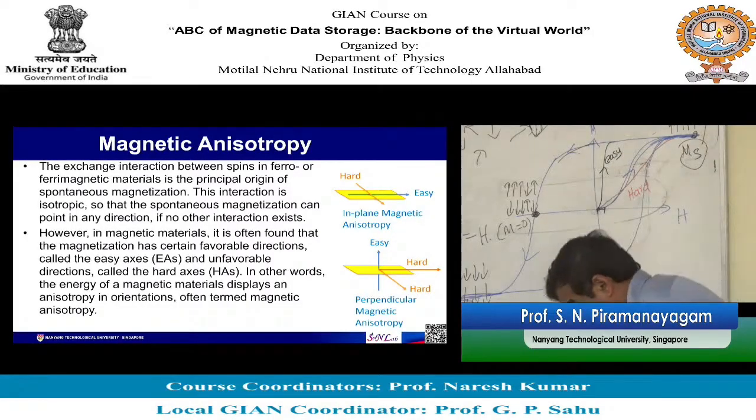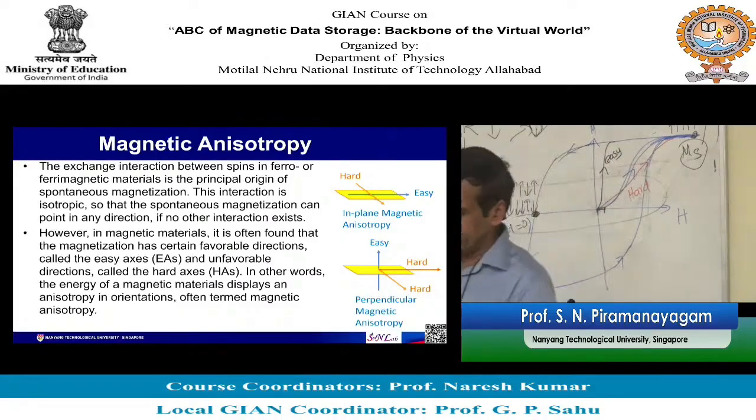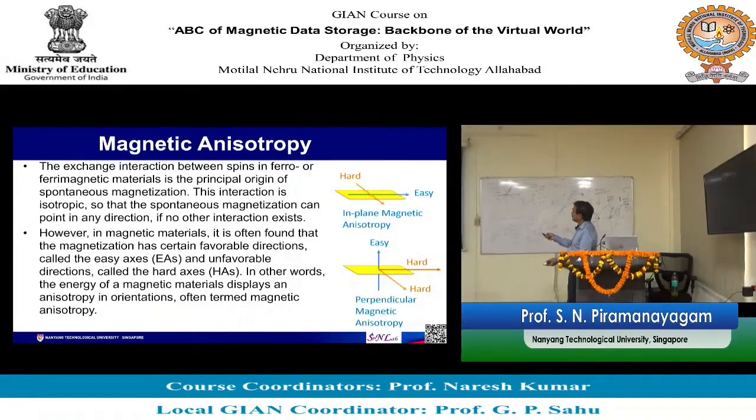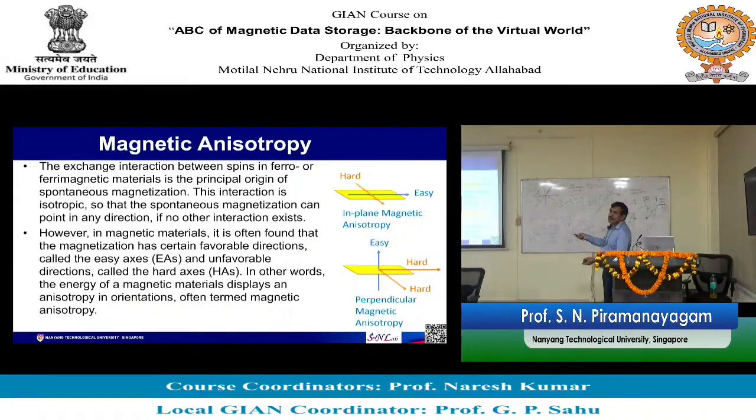So, in the easy direction we can reach saturation with very small magnetic field, and in the hard direction we need more magnetic field to reach the saturation.